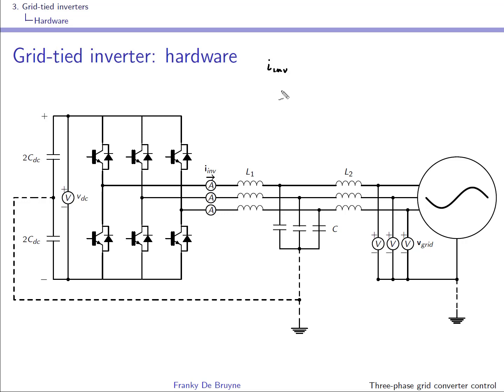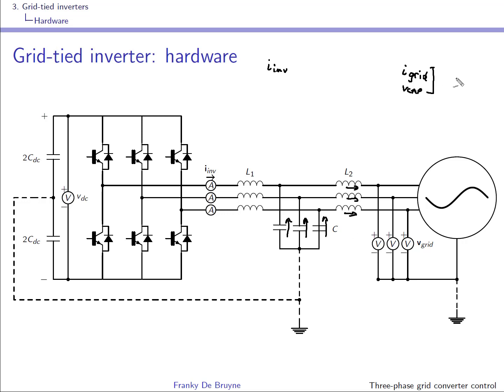Okay, so this is the vector containing the three inverter currents, but you also need the currents through L2, which we will call E grid, and you would need the voltages across the capacitors, V cap.